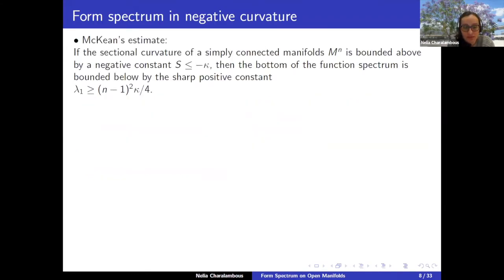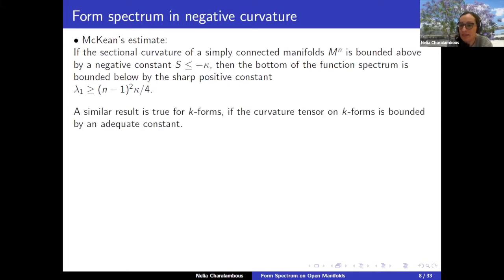Another important result is McKean's estimate, which tells us that if we have a simply connected n-dimensional manifold whose sectional curvature is bounded above by a negative constant, then the bottom of the function spectrum will be greater than or equal to a positive number, the one that I wrote there, depending on the bound on the sectional curvature.